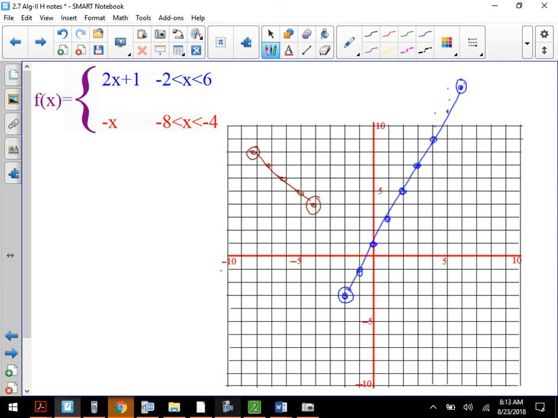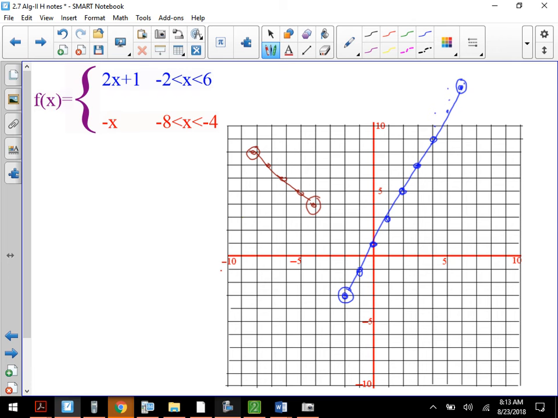I don't know what kind of real-world application has a graph that looks like that, but I do know that it's domain restricted and it works. Again, all you're doing with these is graphing them like you would any other graph, and then you go back and erase where it does not occur according to the restriction within the domain.